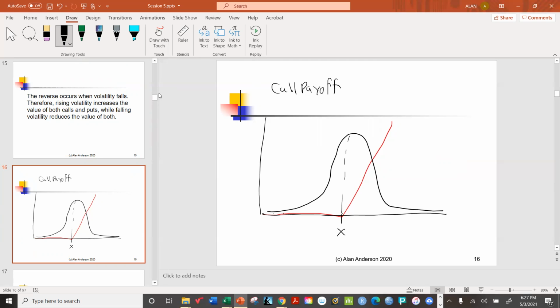So let's say that I replace that with a different curve, which is much more volatile, meaning it's much more spread out. Okay, so the green distribution, this is high volatility.